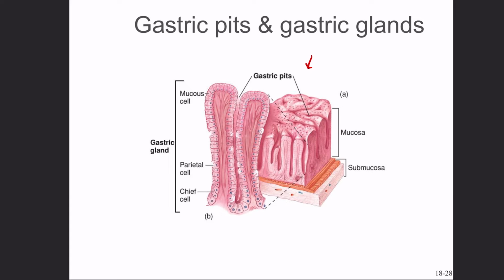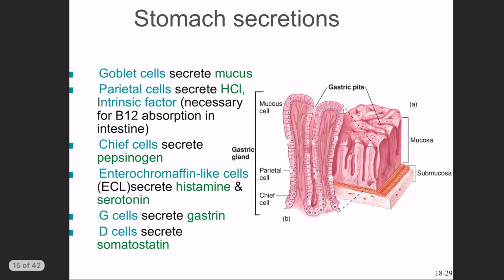And what we're going to see are different types of cells within our gastric pits. So at the top, we have mucus cells, and they're called mucus cells because they secrete mucus. These are goblet cells of simple columnar epithelium. As we move further down into the pits, we have these specialized cells that are going to produce some special secretions.